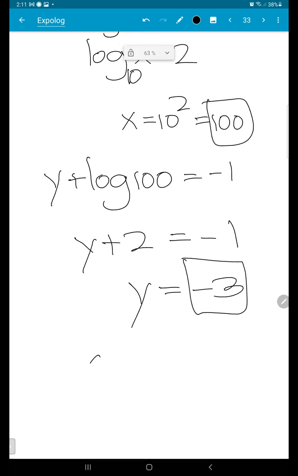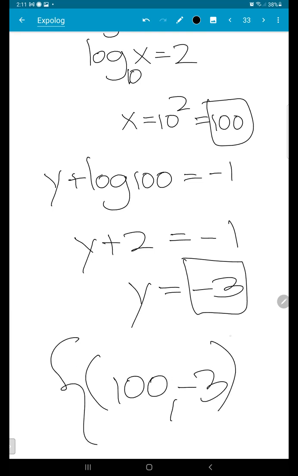And the ordered pair, in set notation. Yeah.